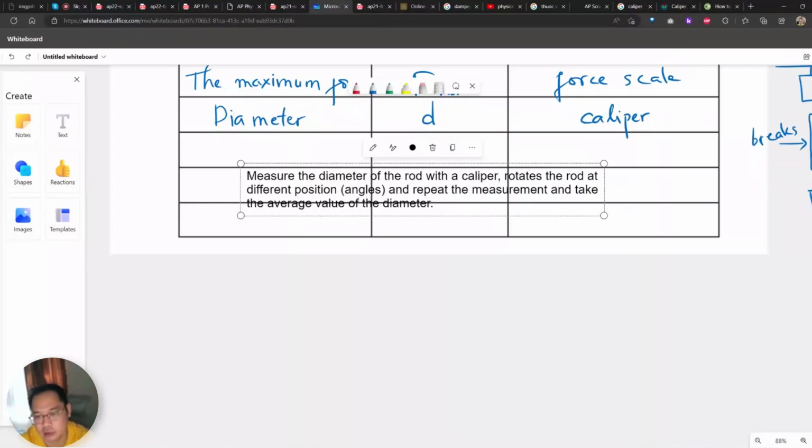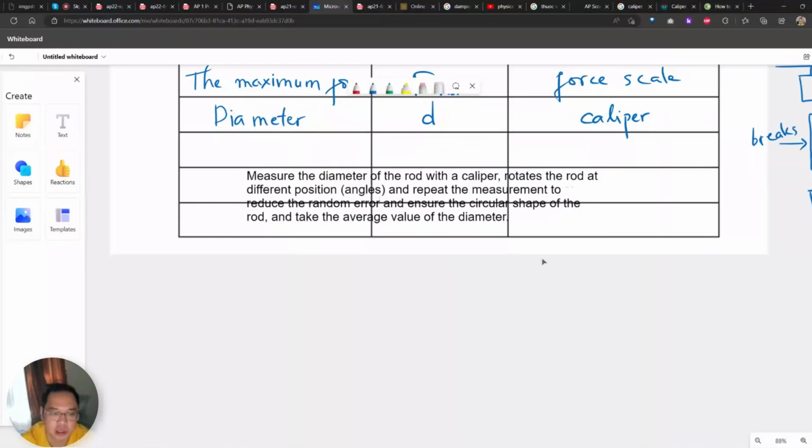Okay, repeat the measurements to reduce the random error and ensure the circular shape of the rod. Okay, that is the first step.